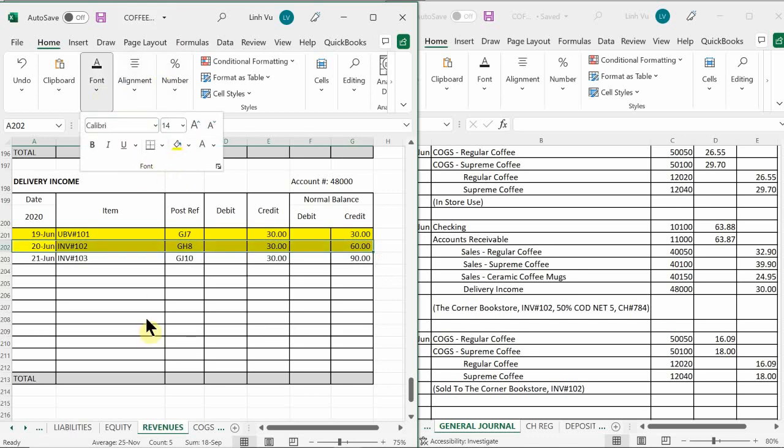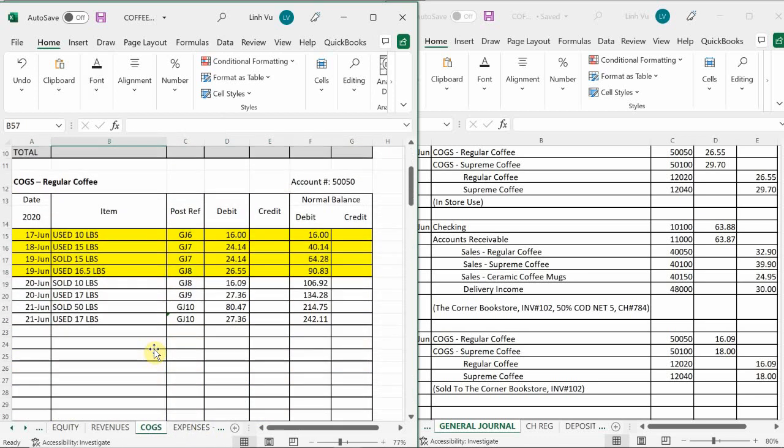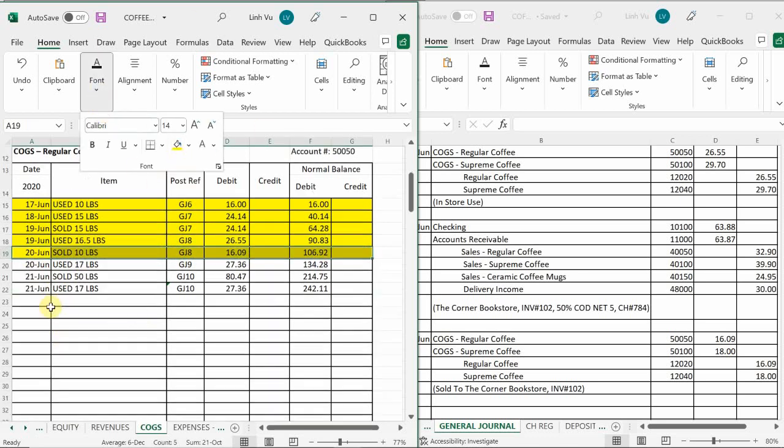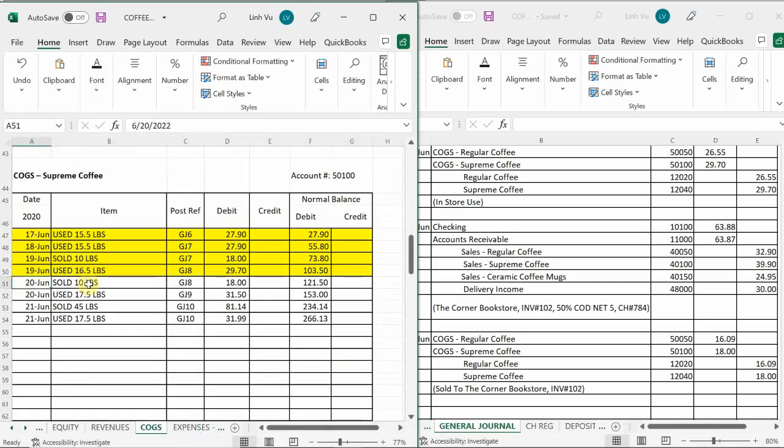Okay. And of course, I have to calculate the cost of goods sold here. So in this case, cost of goods sold. I sold my regular coffee for $16.09 and my Supreme coffee for $18. So in this case, $16.09 is there. And then my 18 is also here as well.